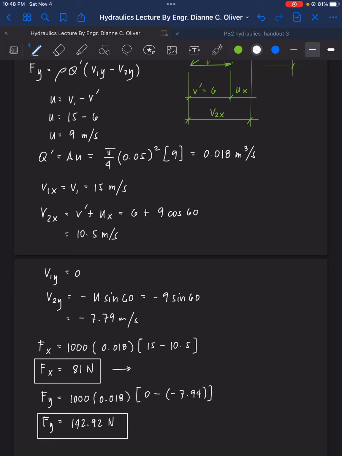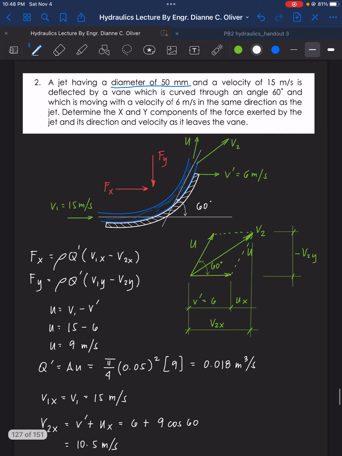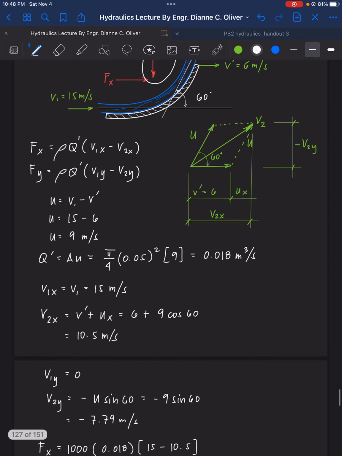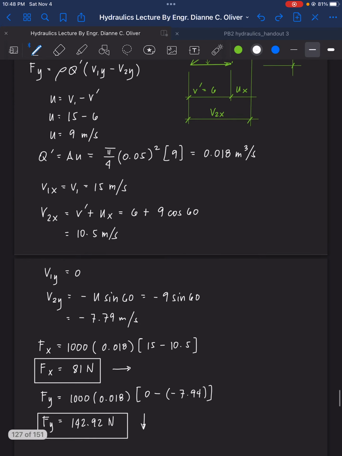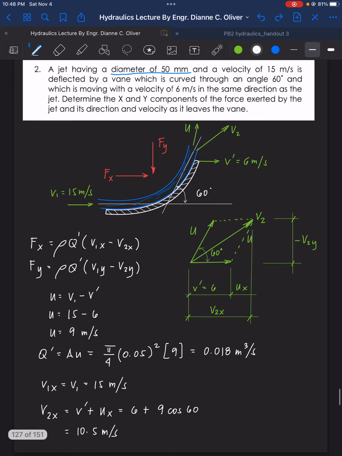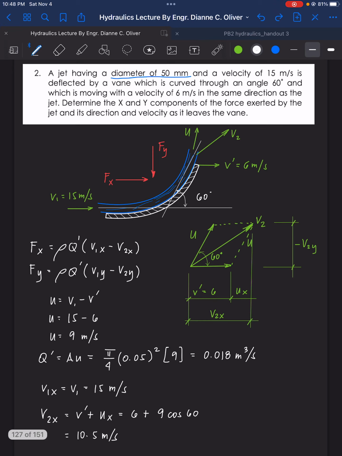And the direction of this, since it is positive, is therefore downward. So this convention is positive downward here. Since we got a positive value, therefore it's downward. Okay, so that's example number 2.